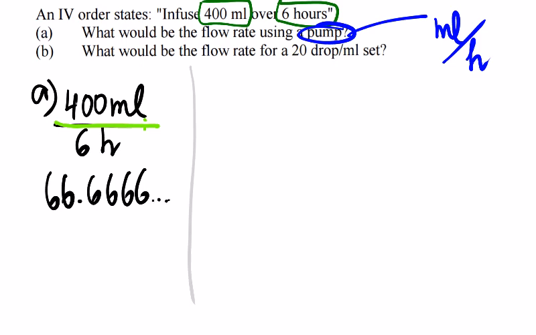So we need to do some rounding here. Because it's mils per hour, one answer we could give would be rounding this to 1 decimal place. So the decimal point is straight after the 66, and if we wanted to round to 1 decimal place, the breaking line would be after the 6, after the decimal point.